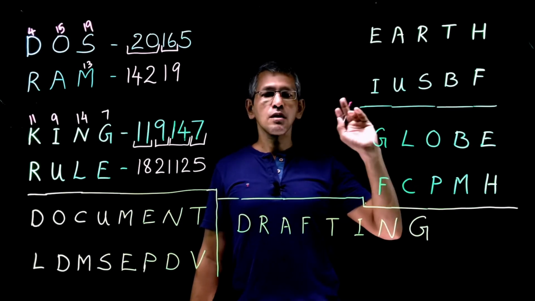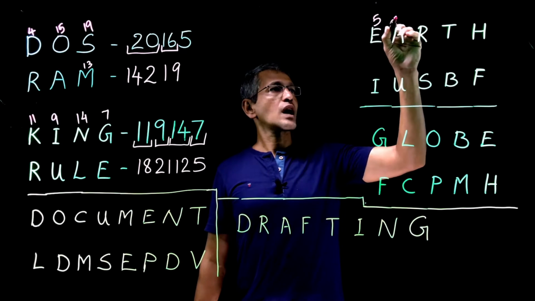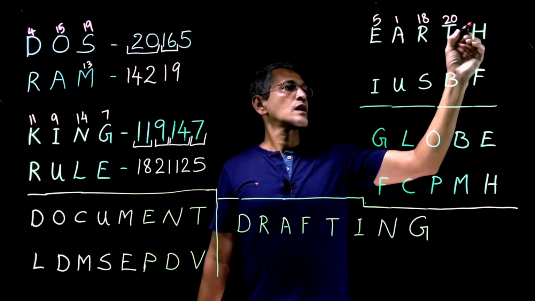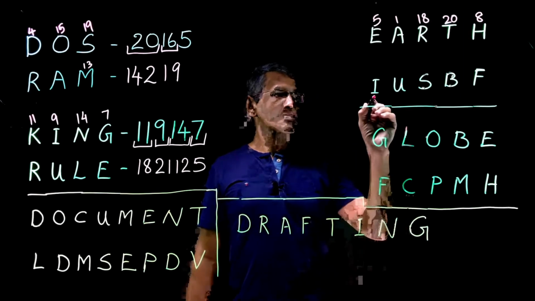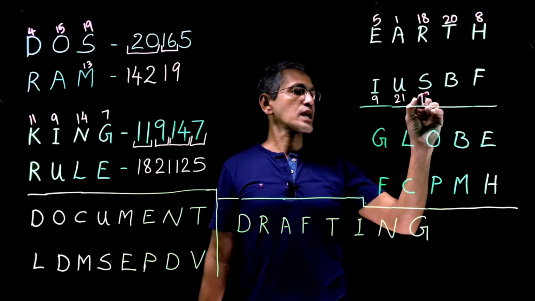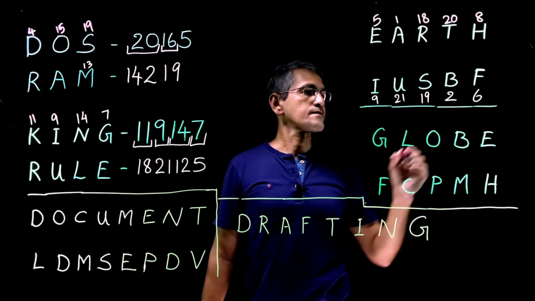So what we go for is position values. E is 5. Position values of letters are really important in this type of question. This one is 8. And in the code, I is 9, U is 21, S is 19, B is 2, and F is 6.